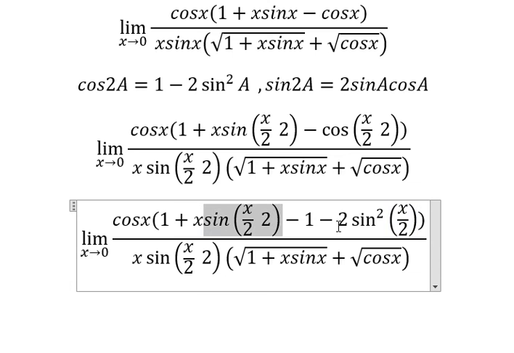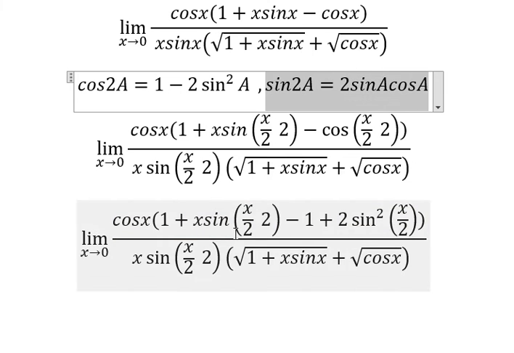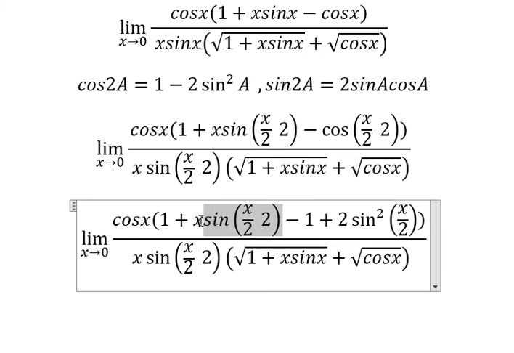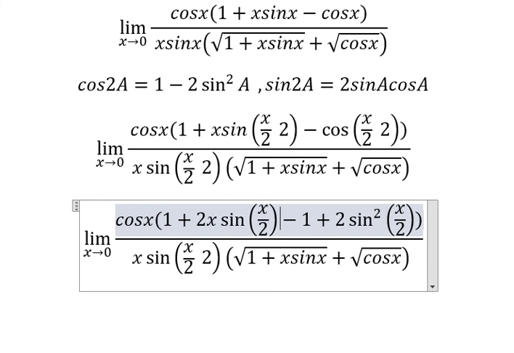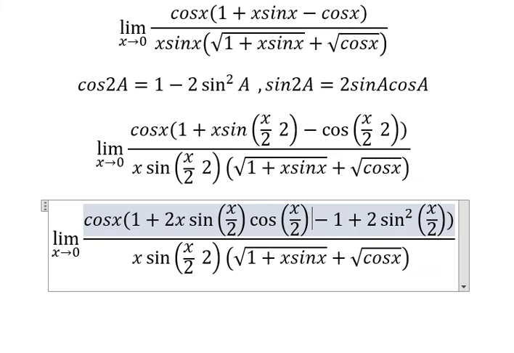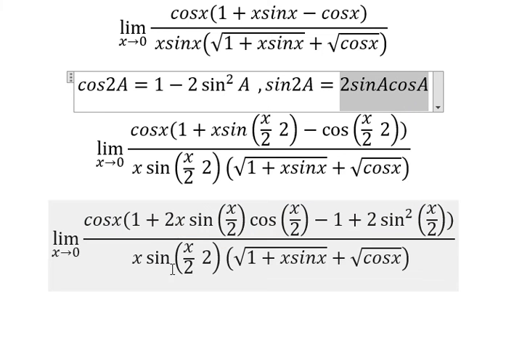This one should be positive, because negative and negative in here you get positive. This one we transform by this one, and this one we transform by this one.